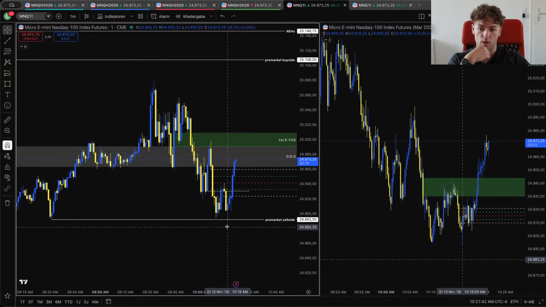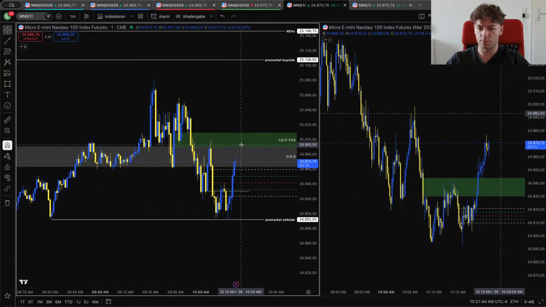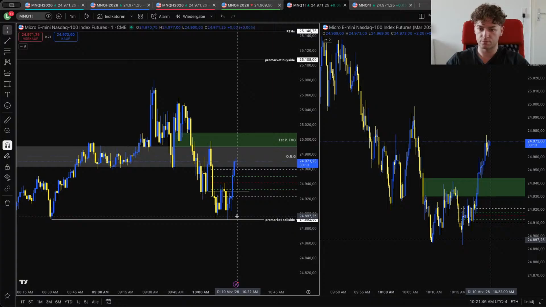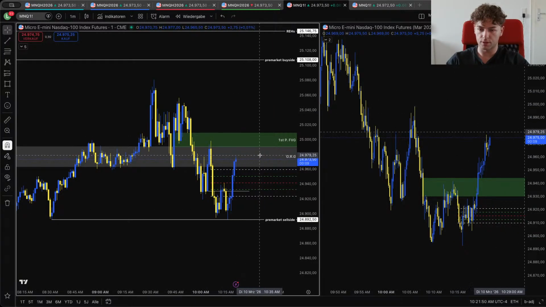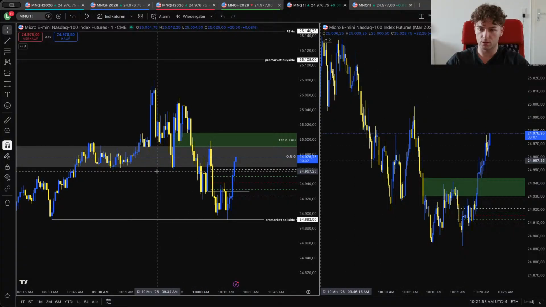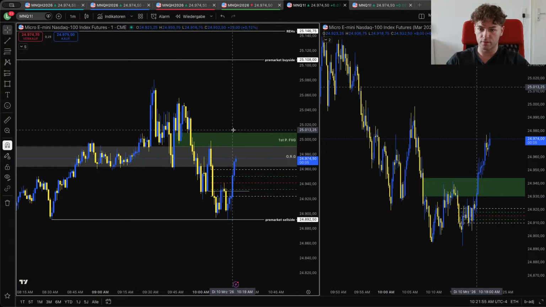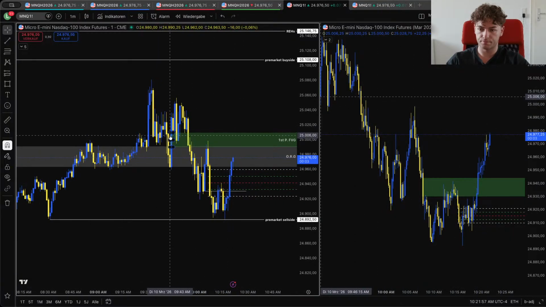So yeah, I guess we are retracing up into the middle of the range. Again, we are at the opening range gap, which is the gray box, and the first presented fair value gap, which is the green box here.